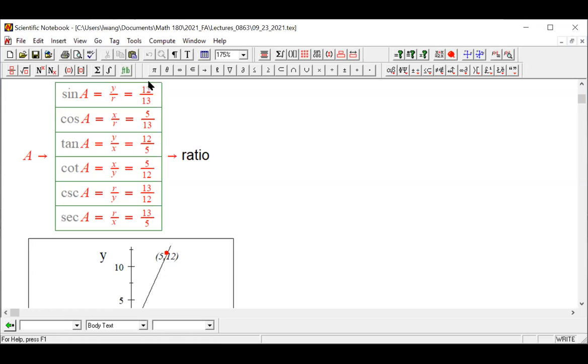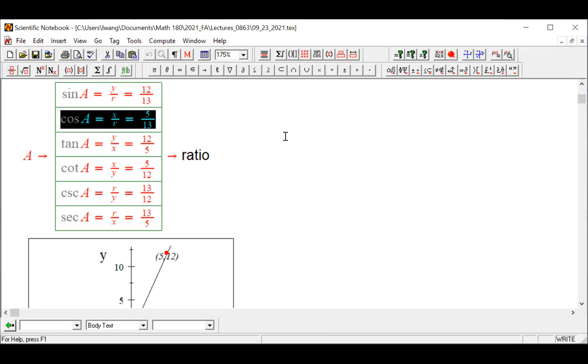Every function gave us a positive ratio. There are just different kinds of ratios. One is the reciprocal of the other, aren't they? For example, tangent and cotangent are reciprocals of each other. Cosecant and sine are reciprocals of each other, and secant and cosine are reciprocals of each other. So these 6 functions are really just ratios of different kinds, aren't they?